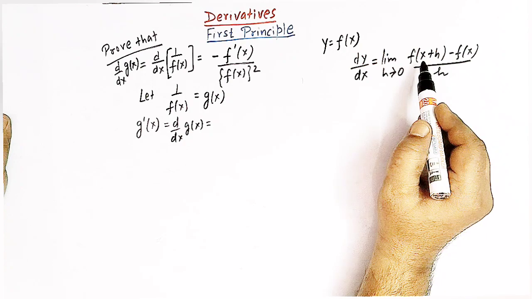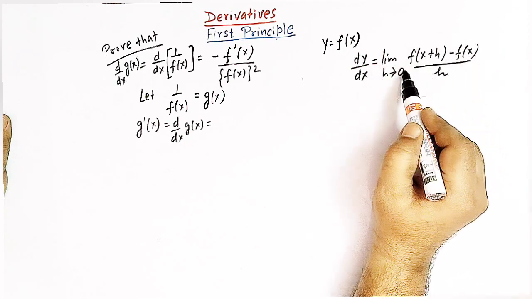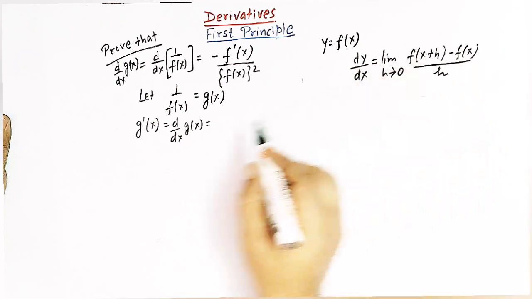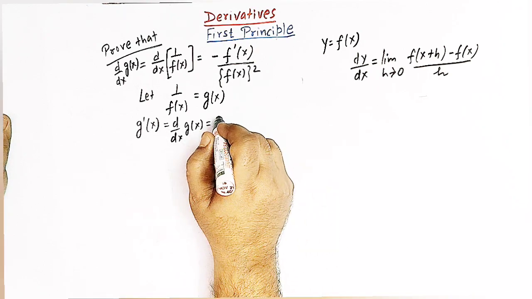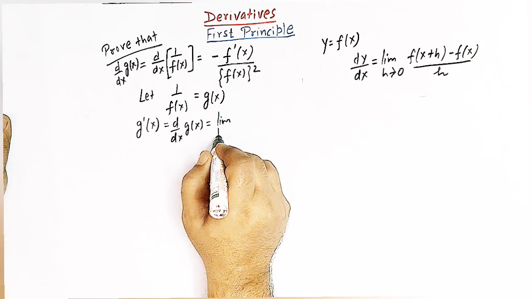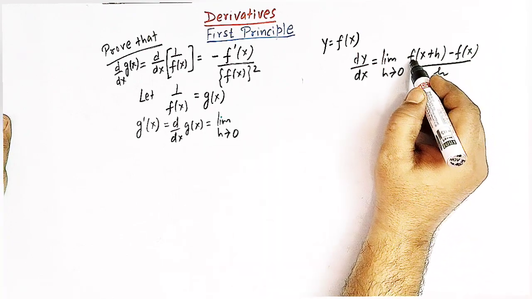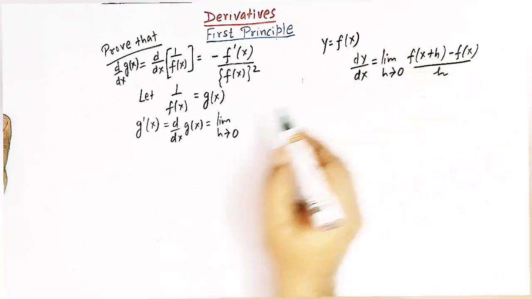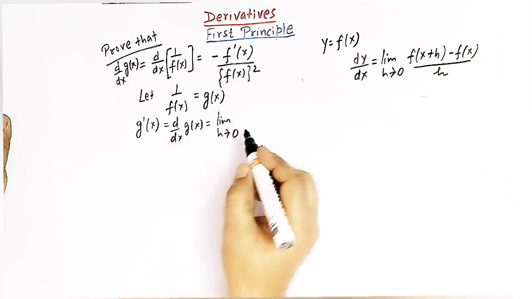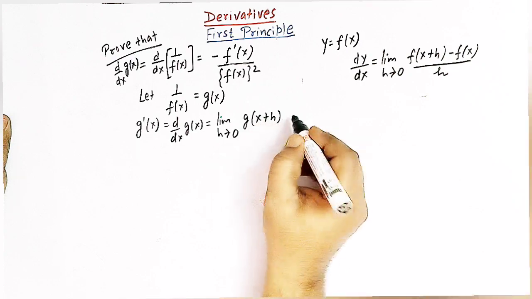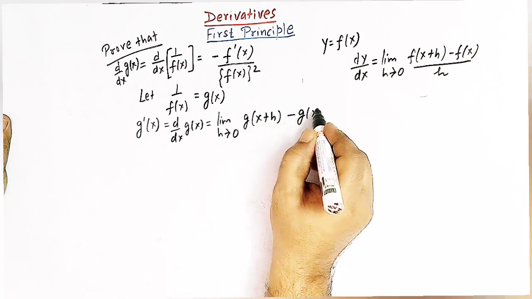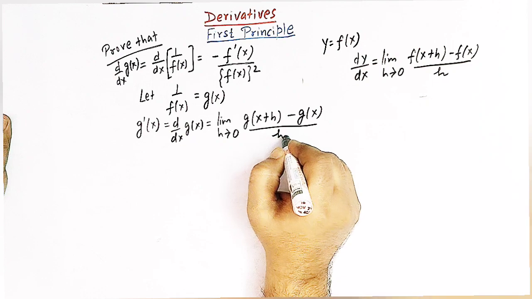So using this definition of the derivative, we can now write the derivative of this function g of x as limit h tends to 0, g of x plus h minus g of x divided by h.